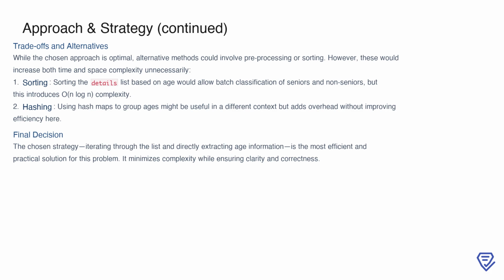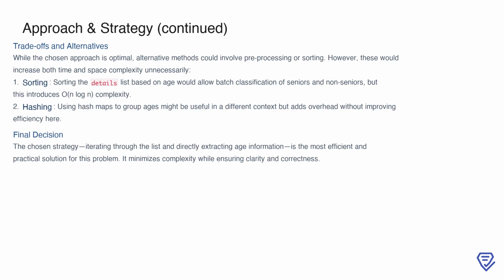Another alternative could involve using a hash map to group individuals by age, but this would increase both time and space complexity without providing any clear advantage in this context. Ultimately, the simplicity and efficiency of the brute force approach make it the best choice. By iterating through the list and directly extracting the required information, we minimize complexity while ensuring clarity and correctness in our solution.